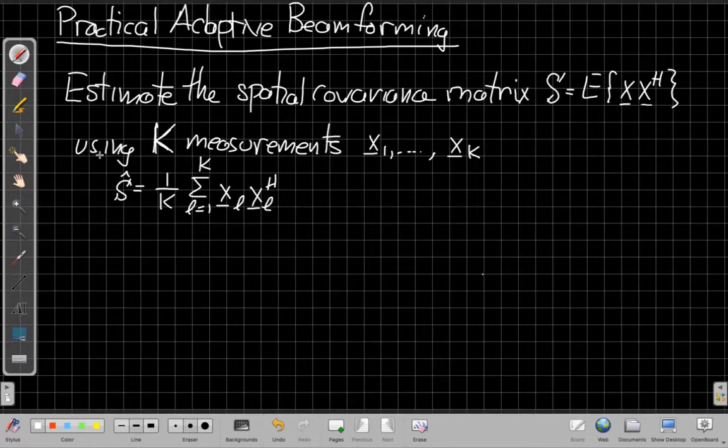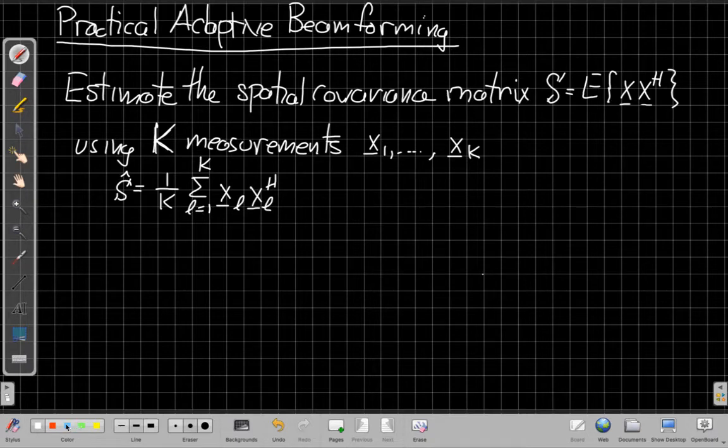So what we often do in practice is we get some collection of data, some K measurements, and the key idea is that during that time that we take those K snapshots, we assume the world is not changing very much, so it's safe to average these, and so we can get some estimate S hat, right?